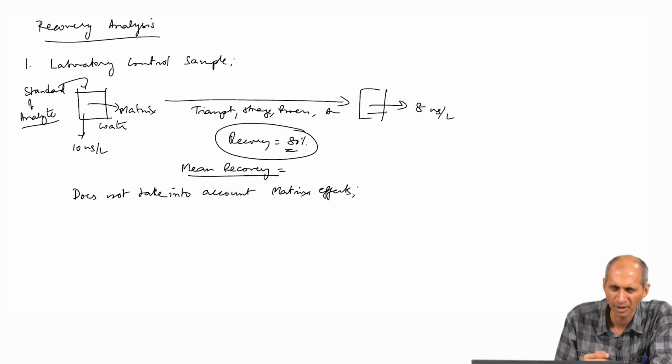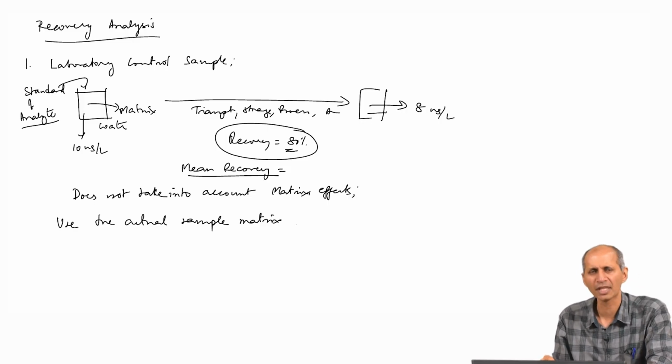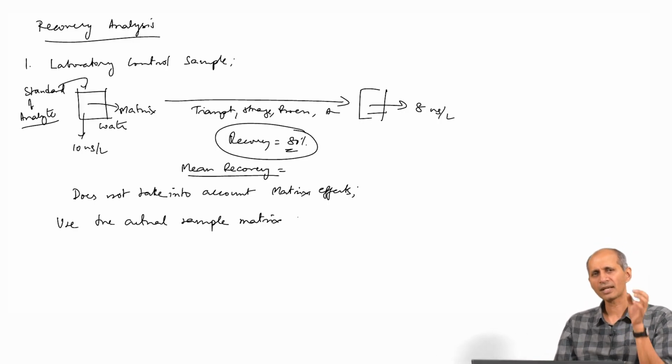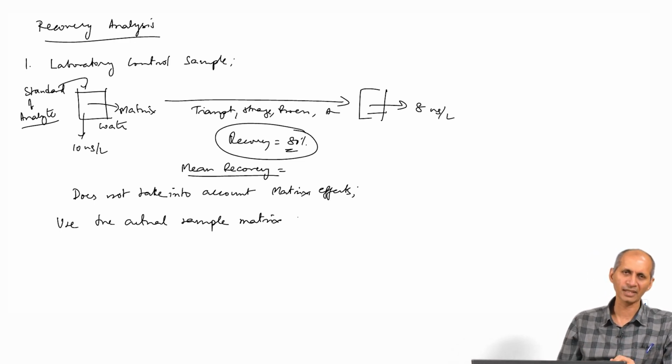So, the second option that you have is to use the actual sample matrix. But this leads to a problem. If you add the standard of this particular analyte into the water, you do not know what exactly is present in the beginning.